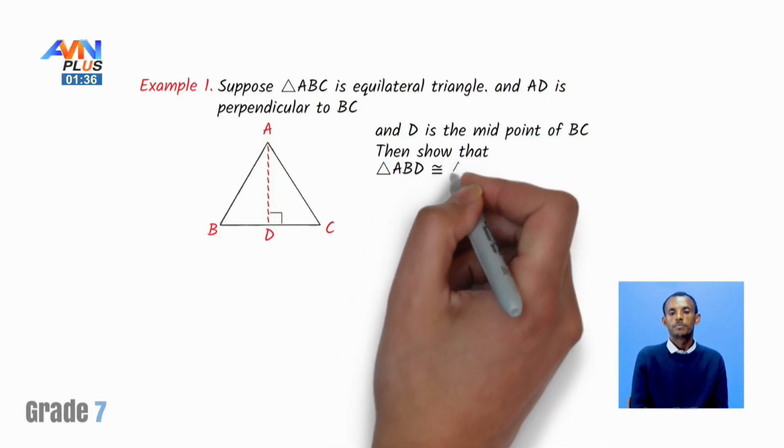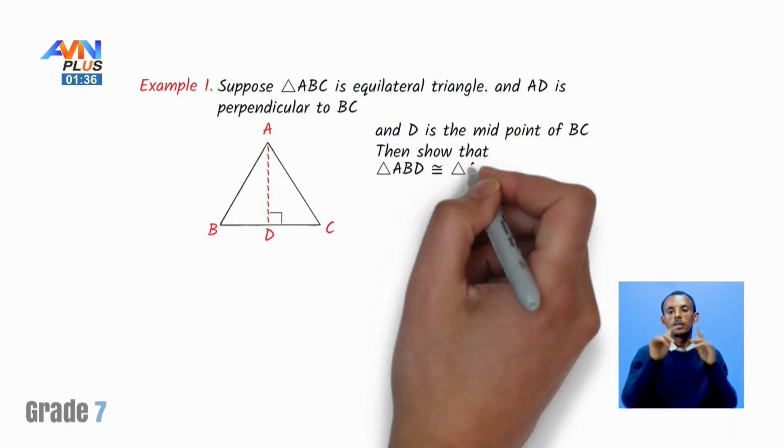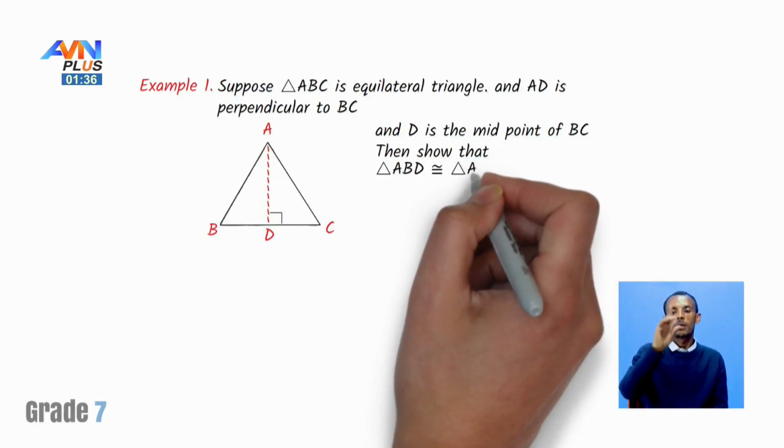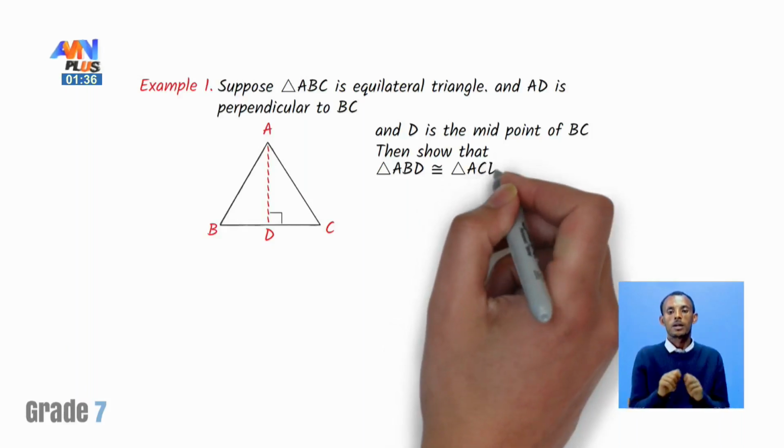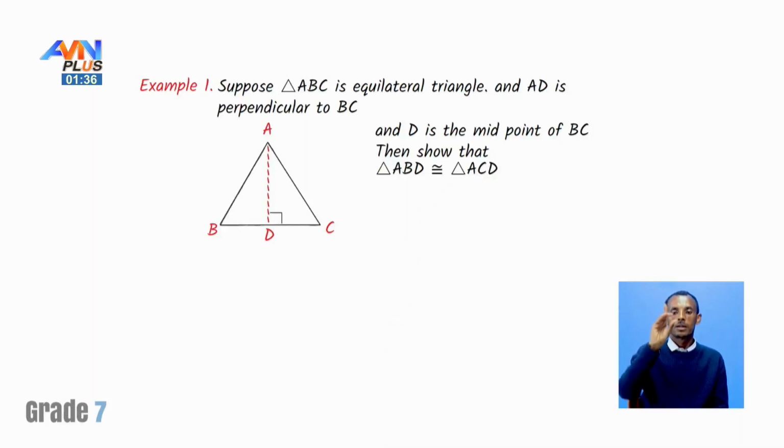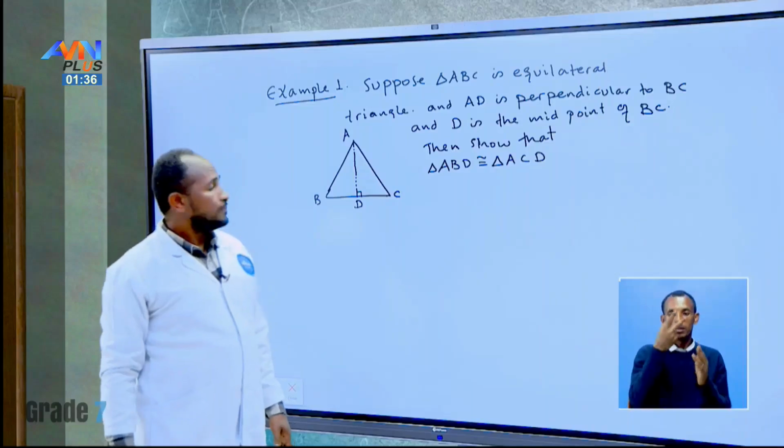Then show that triangle ABD is congruent to triangle ACD. Now let's see this.